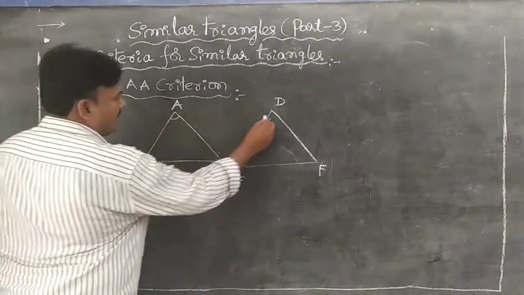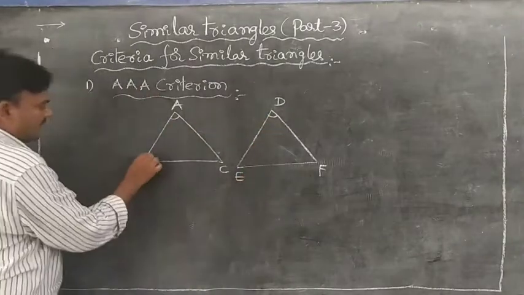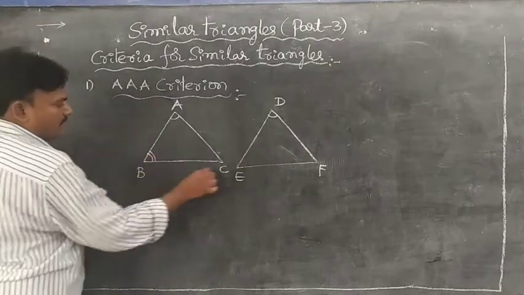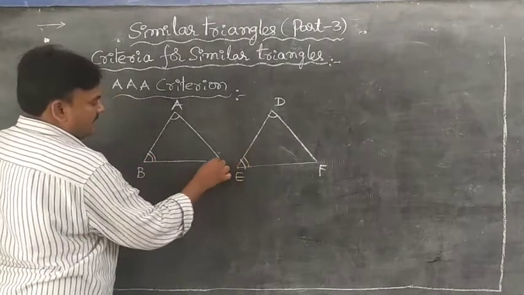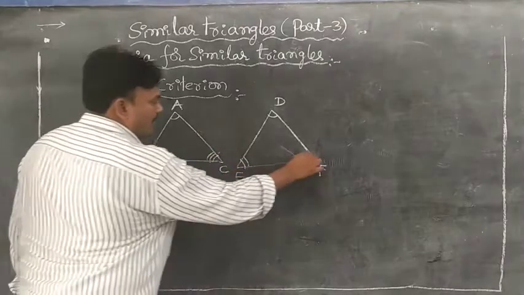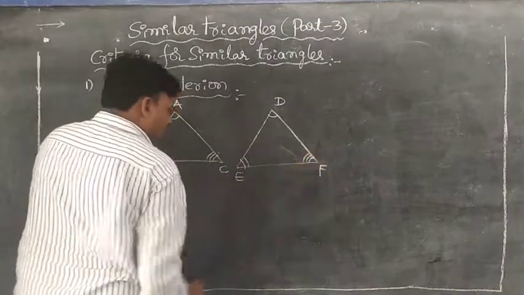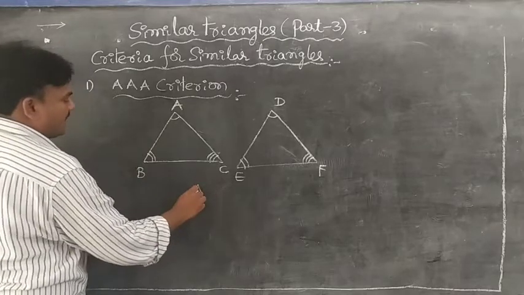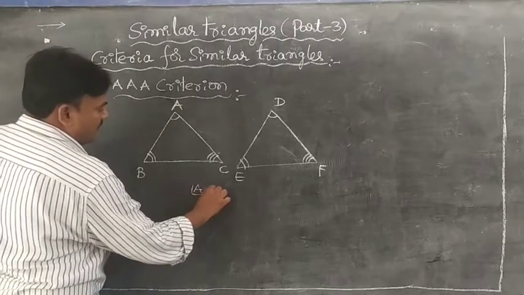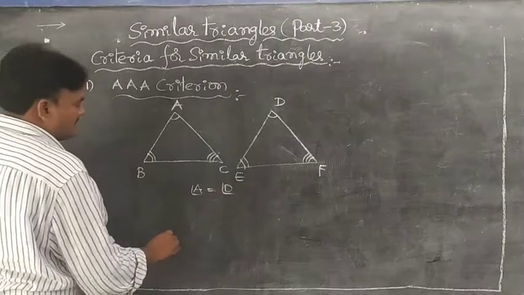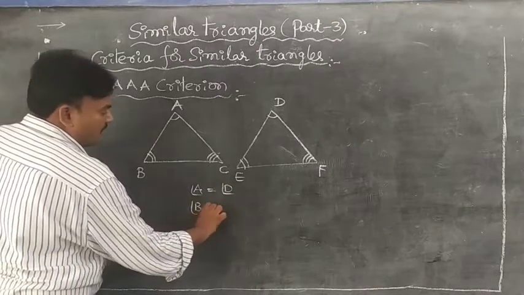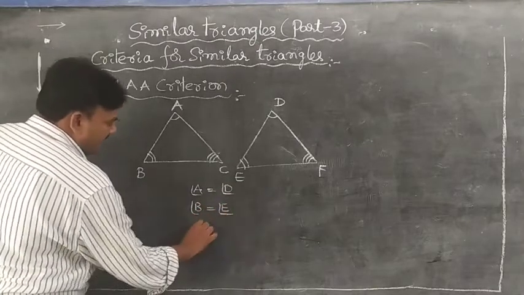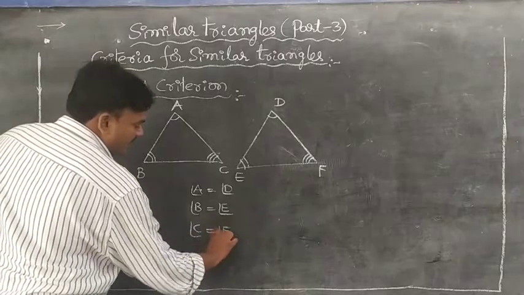So here angle A equals angle D. Next, angle B equals angle E. Next, angle C equals angle F.